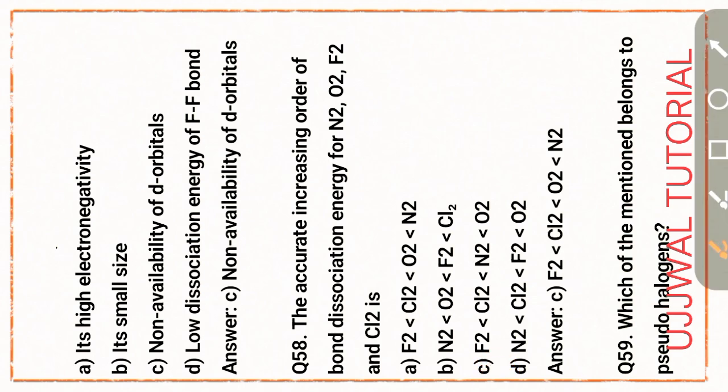The accurate increasing order of bond dissociation energy for nitrogen N2, oxygen O2, fluorine F2 and chlorine Cl2. Okay, it is the most important order, that is option C, fluorine F2 less than chlorine Cl2 less than oxygen O2 less than nitrogen N2.